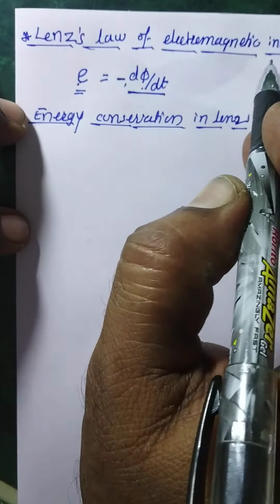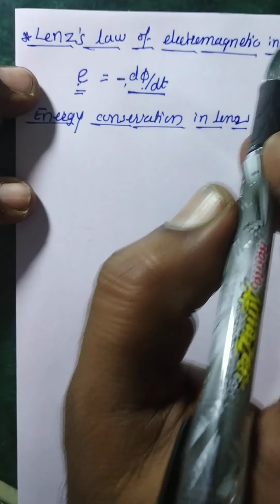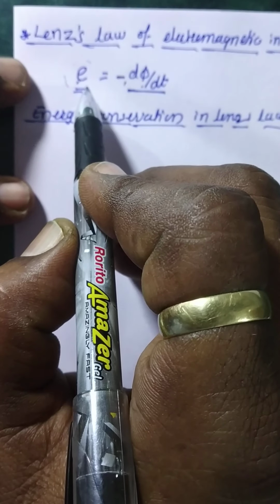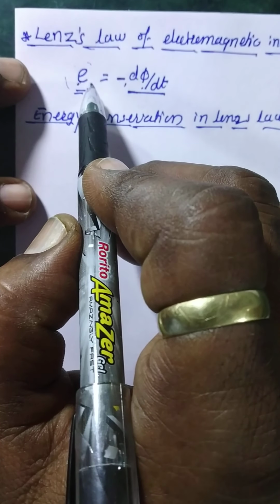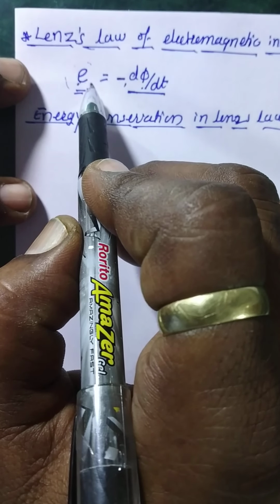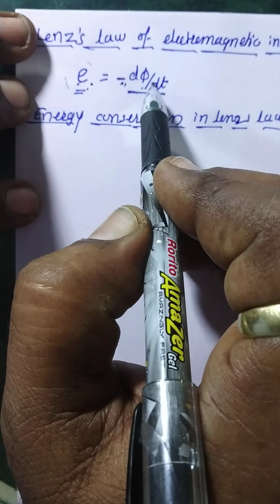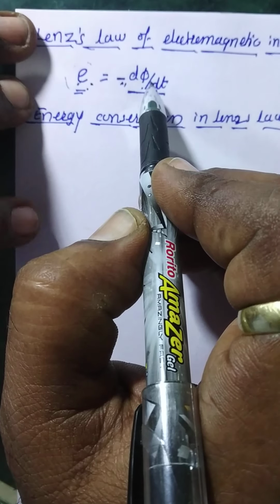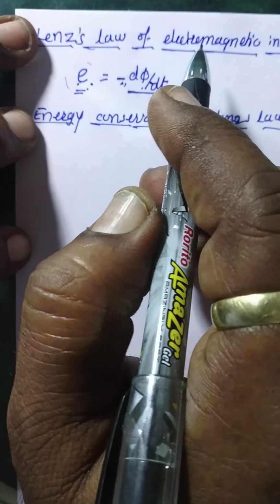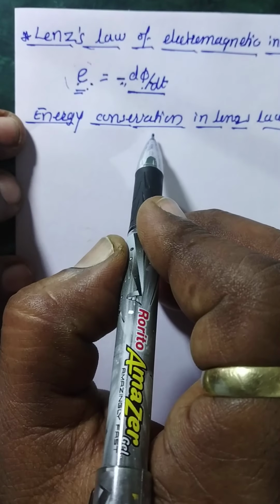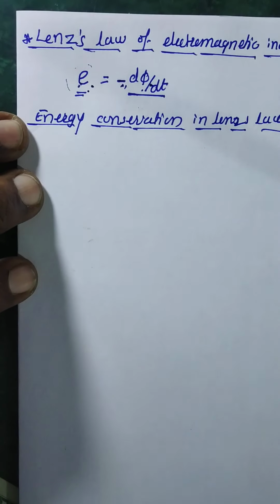What is Lenz's law of electromagnetic induction? The direction of an induced EMF is opposite to that of the rate of change of magnetic flux which produces the induced current. आता याचं आपण ऍप्लिकेशन पाहतोय, energy conservation in Lenz's law.